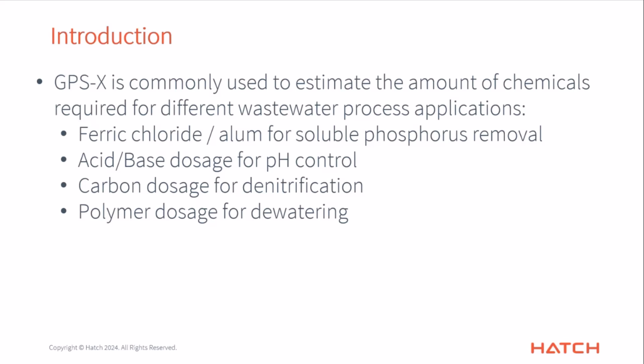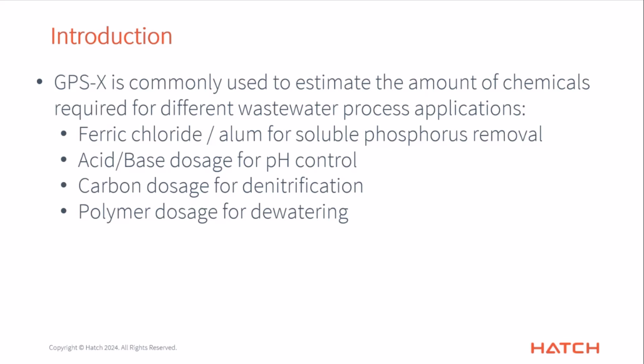The most common chemicals that we have created models for are ferric chloride and alum for doing soluble phosphorus removal, acid and base dosage for doing pH control, supplemental carbon dosage for denitrification, and lastly, polymer dosage for dewatering and coagulation, and then a few other things here and there.